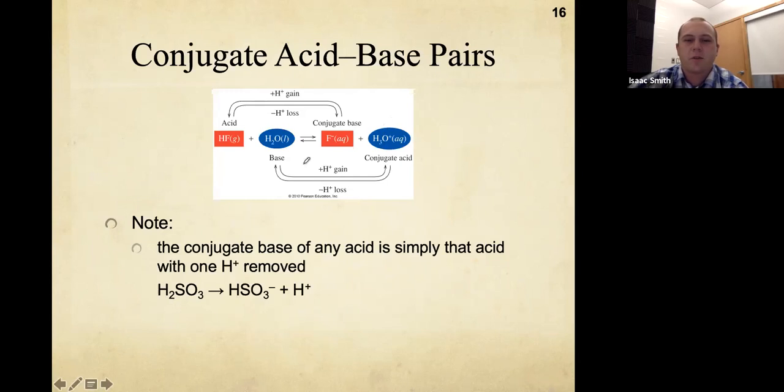So you can switch between conjugate pairs by adding or removing a proton. So that's how you would know whether those are conjugate pairs. For example, HF and water are not conjugate pairs, right? Because simply adding or removing a proton would not get you between those two things. The only way to get, for example, from HF to F is by adding or losing a proton. So that would be another definition of a conjugate acid-base pair.